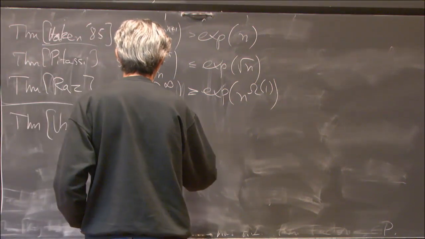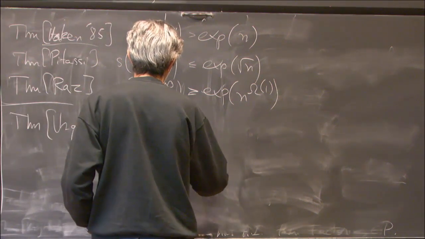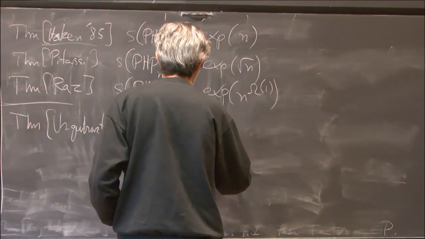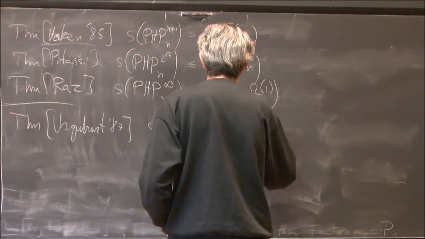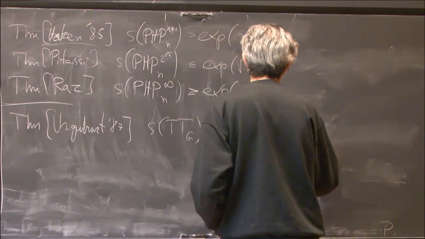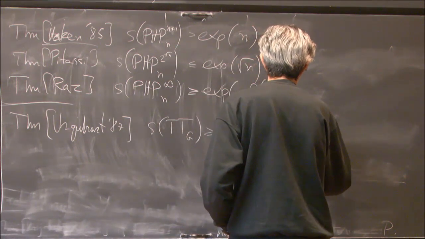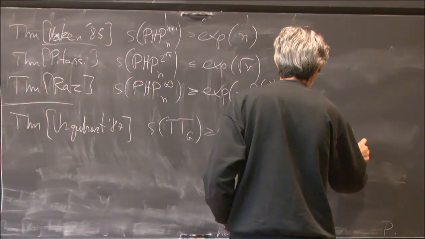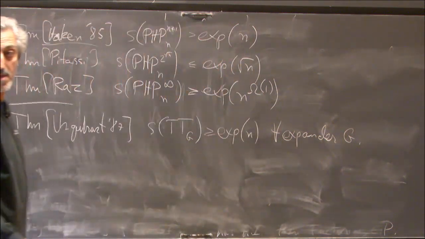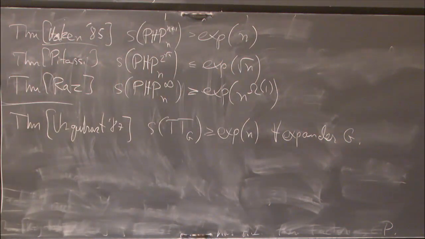The size of the Tseitin tautology on G is exponential in n for every expander. If G is an expander graph, then proving this contradiction requires an exponential number of clauses in resolution. Okay? We'll see the proof of this.